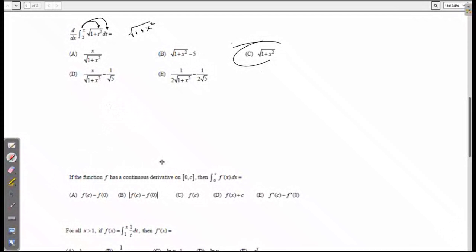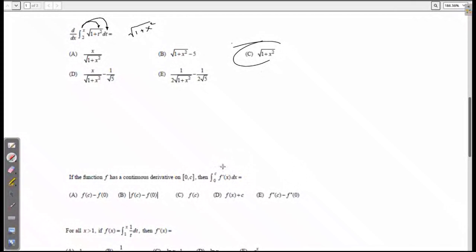On the sixth problem, it says if f has a continuous derivative, then they want to know what happens when I take the antiderivative of this. This really isn't a fundamental theorem of calculus problem. It really is just a straightforward antiderivative.